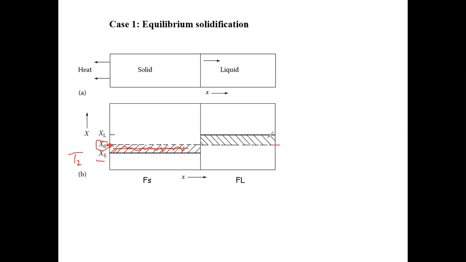Okay. And now, following the same line of reasoning, what is the meaning of this shaded region here? Your liquid started with a composition of X naught, right? But now at some snapshot, its new composition is XL. So what is the meaning of this shaded region?